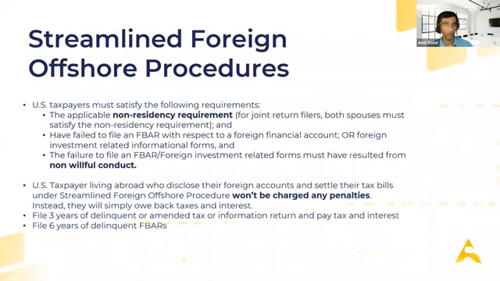We'll see in a moment how you can satisfy this non-residency requirement. If you are filing jointly, both spouses must satisfy that they are non-residents, and you failed to file the FBAR or report other foreign financial accounts, assets, and investments, and again, that failure to file was not willful.